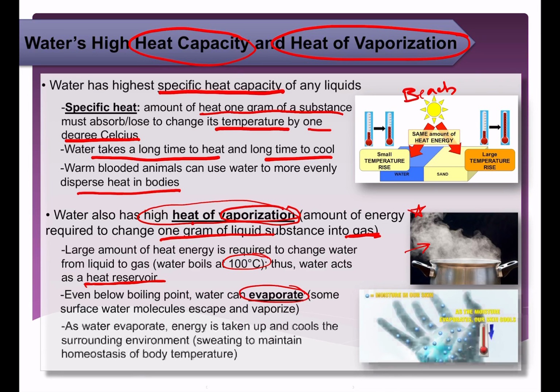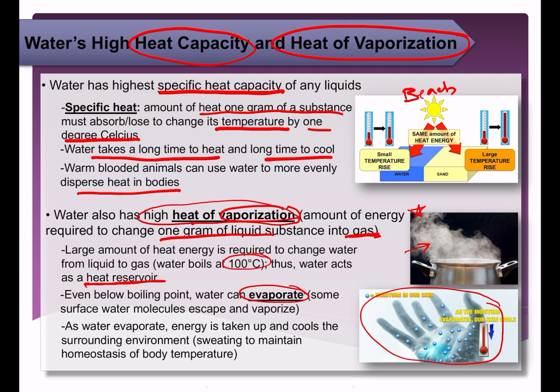Now, because water can trap a lot of heat, when it evaporates, it can also remove that amount of heat from the surrounding environment or surface and cool it, which explains why sweating, like here, enables our bodies to cool down.